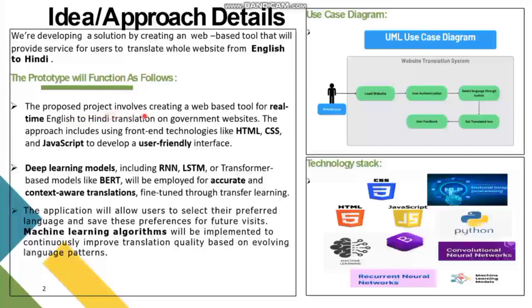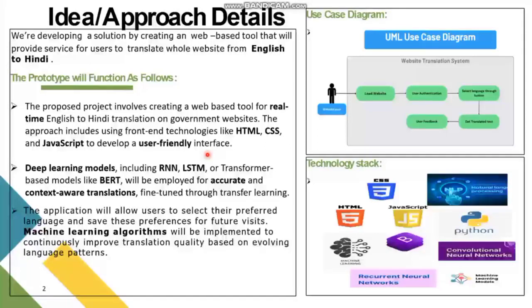The proposed project involves creating a web-based tool for real-time English to Hindi translation on government websites. The approach includes using front-end technologies like HTML, CSS, and JavaScript to develop a user-friendly interface. Interface in the sense there will be a button in the topmost corner of the website stating either Hindi or English.